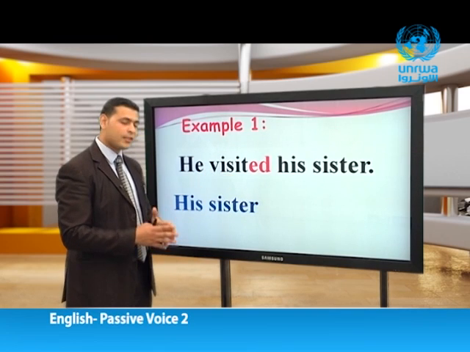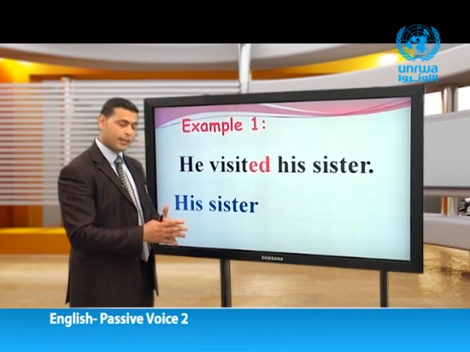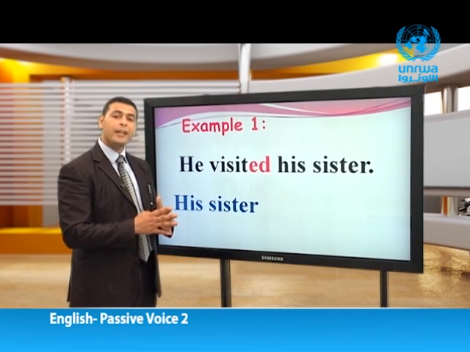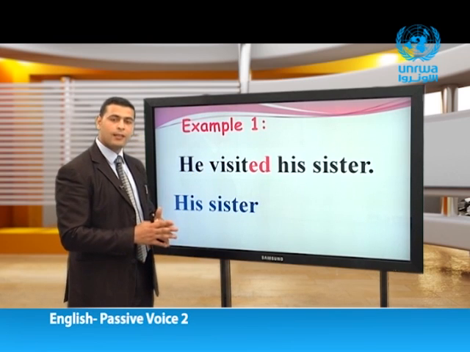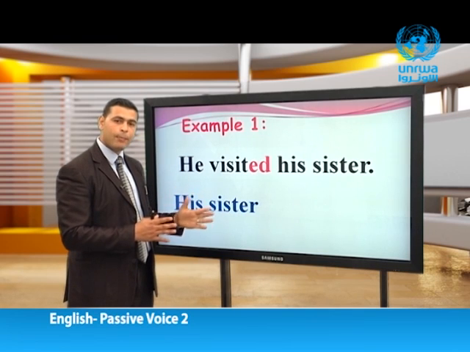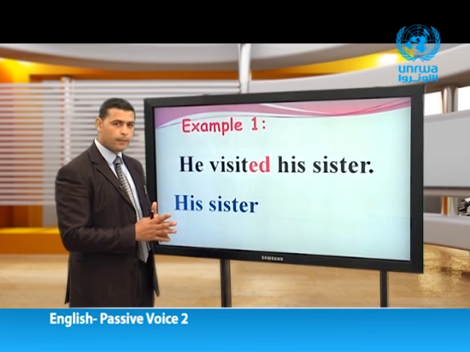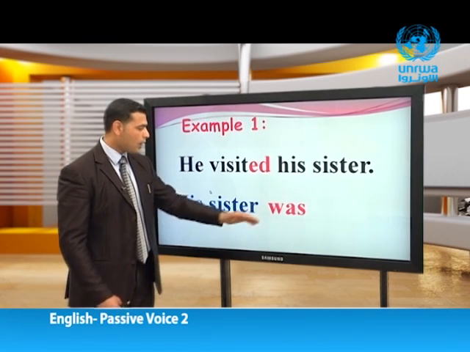What about the verb visited? Is it in the present or in the past? It's in the past, visited. So, we need a helping verb in the past to fit the singular subject. It's was. So, his sister was.